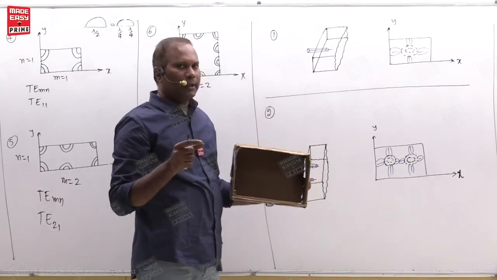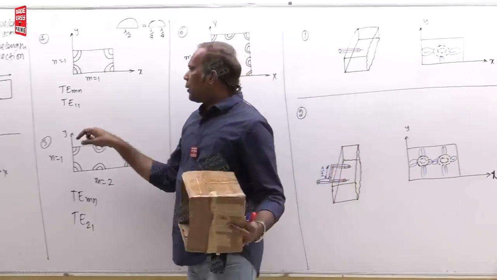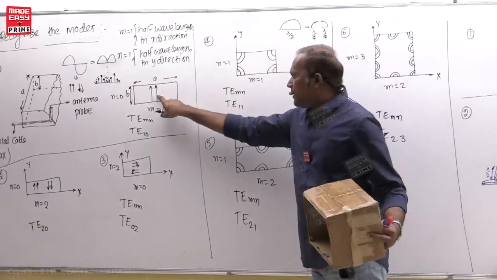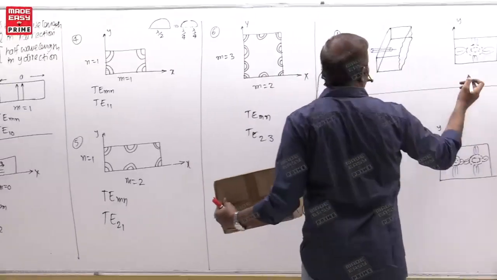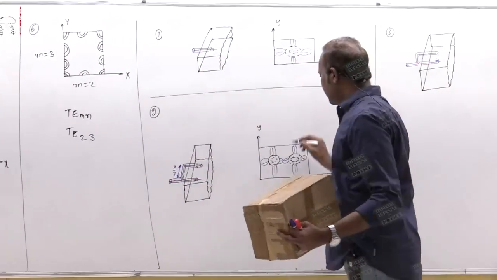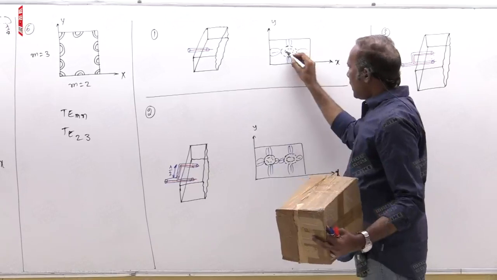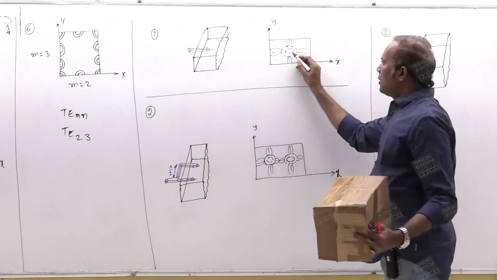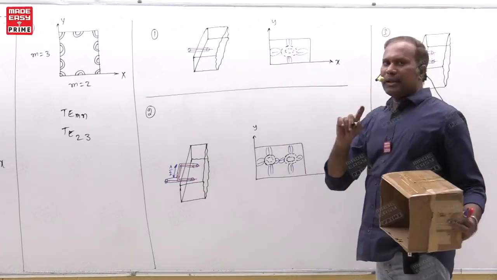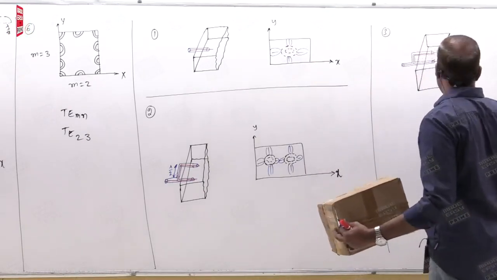I told you that electric field lines are shown as solid lines, and magnetic field lines are shown with dashed lines here. Circular magnetic field is a closed line, circular lines, but shown as a dashed line. Solid line means that is electric field.